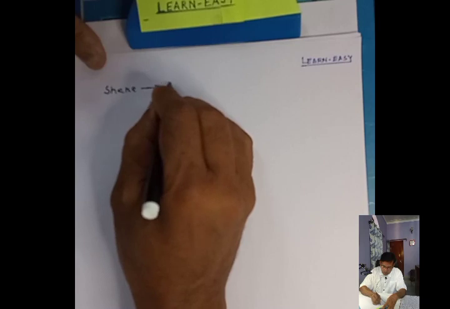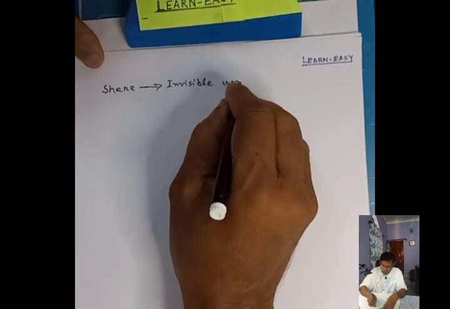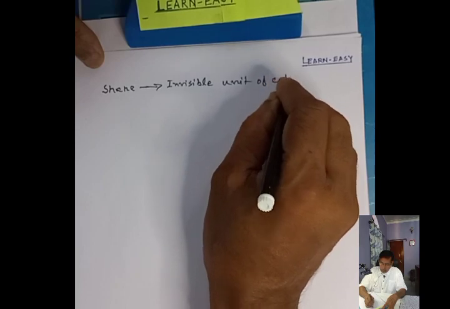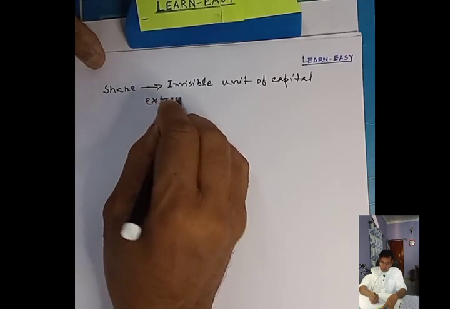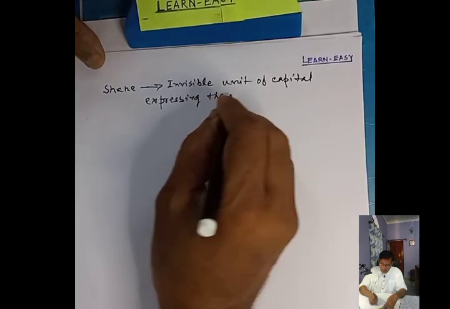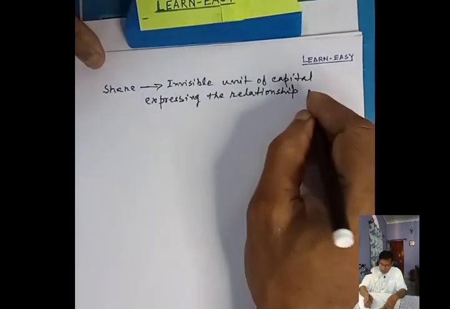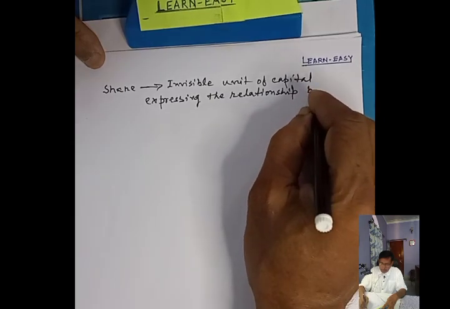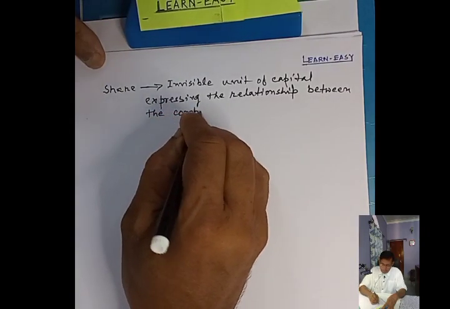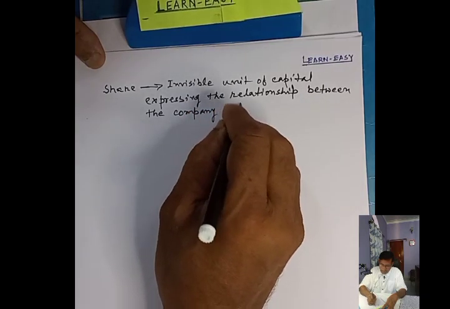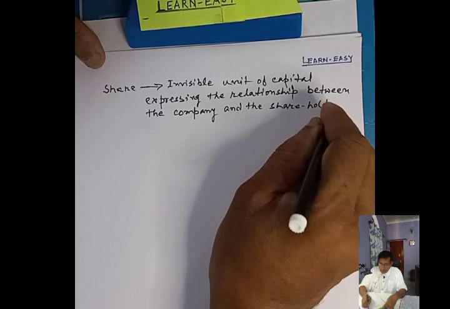It is an invisible unit of capital expressing the relationship between the company and the shareholder.